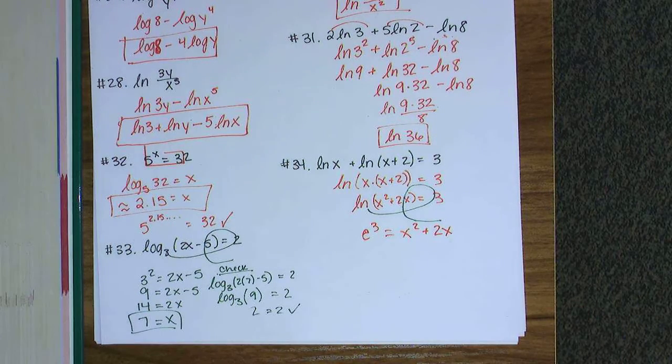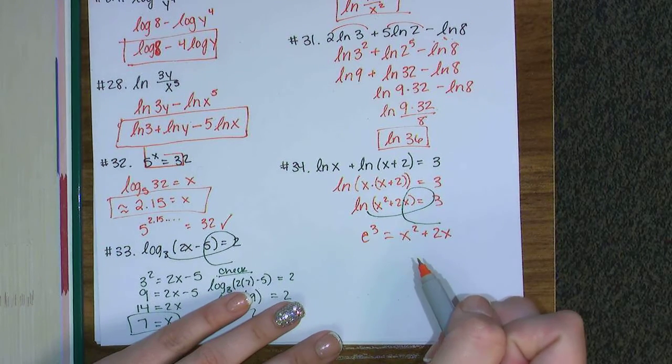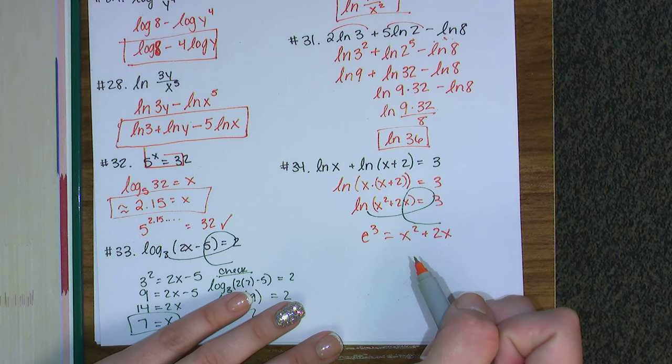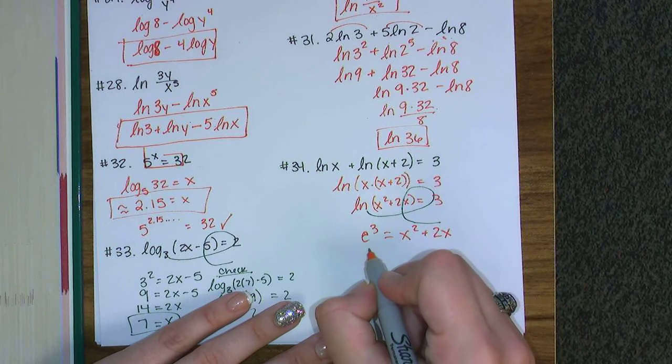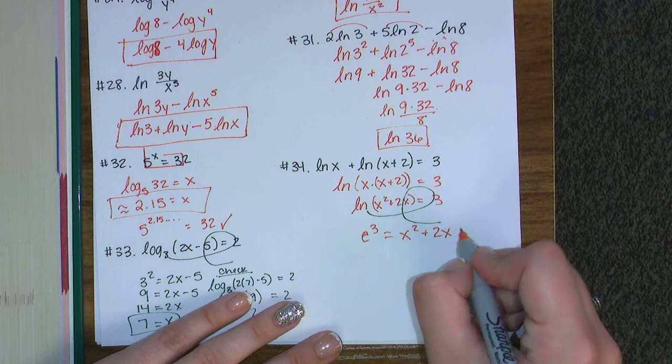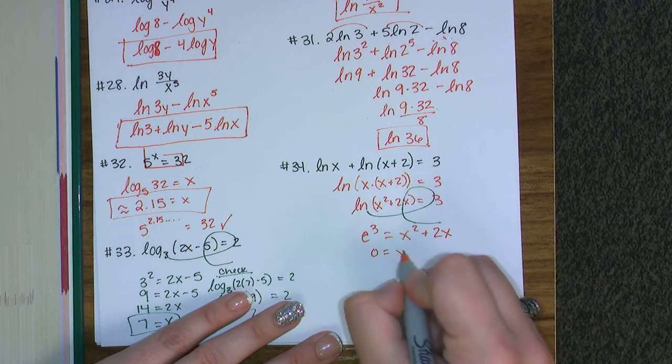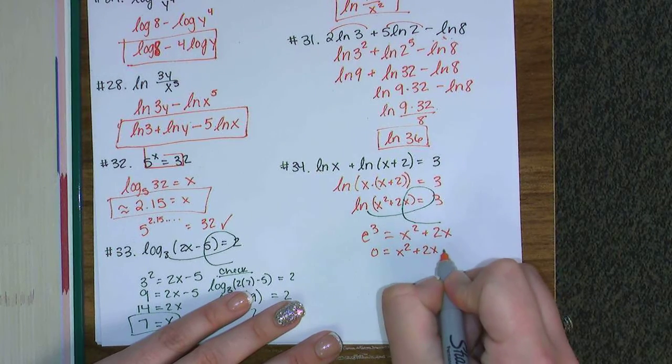And then we would solve this. e cubed is 20.08. Let's subtract this over first. So let's do this. 0 is equal to x squared plus 2x minus e cubed.